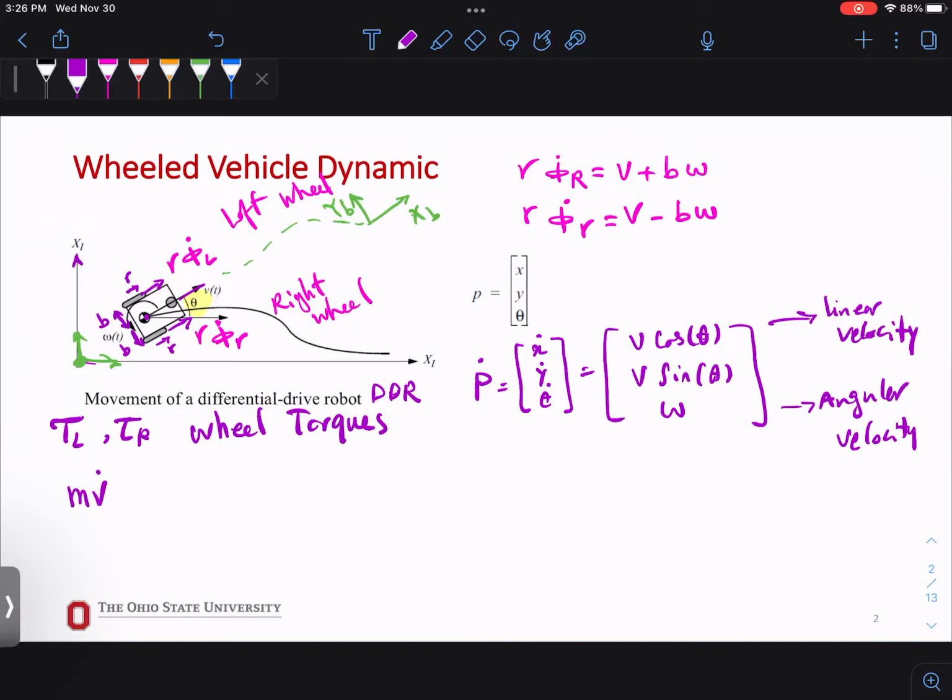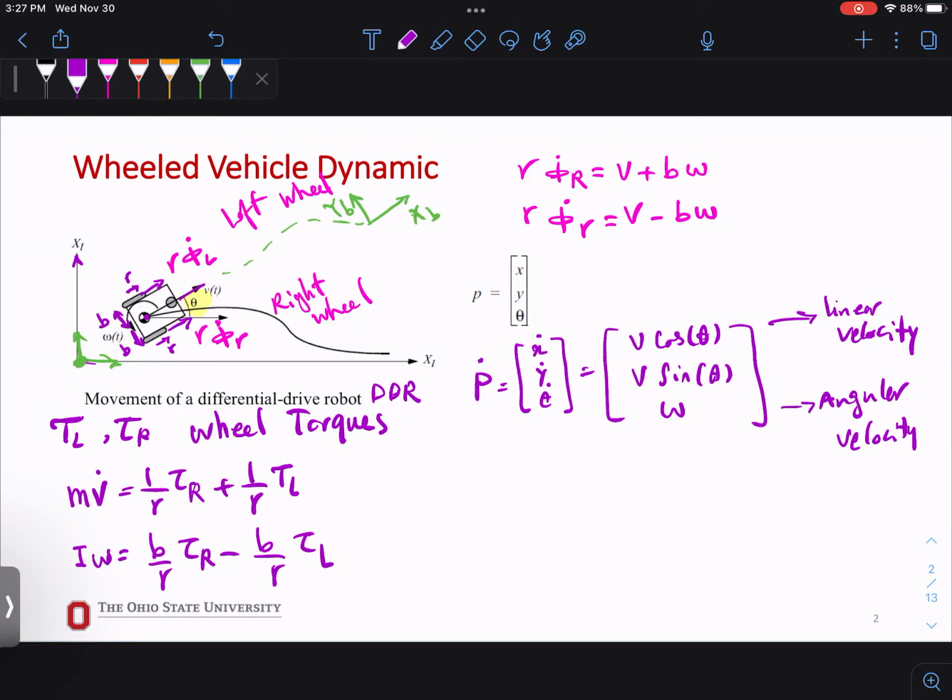And m v dot is going to be 1 over r tau R, which is the right wheel, plus 1 over the radius tau L of the left one. That's for linear velocity. For the angular velocity component, I omega dot is going to be b over r tau R plus minus b over r tau L, because they can spin against each other.